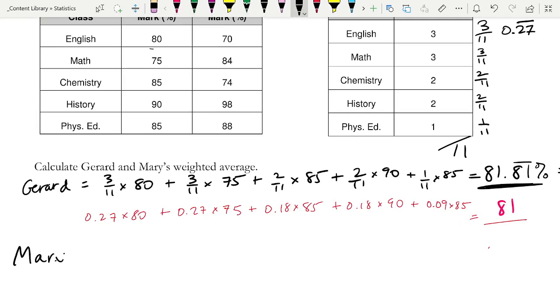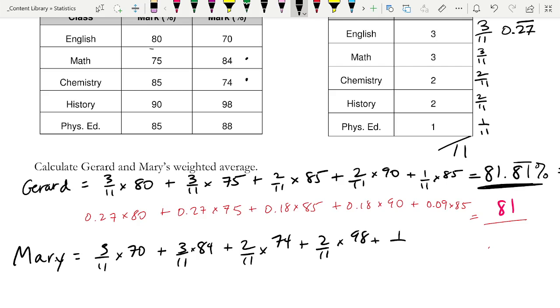Mary would be 3/11 of 70 plus 3/11 of 84 plus 2/11 of 74 plus 2/11 of 98 plus 1/11 of 88. And when you do that, she ends up being 81.3. So she rounds to 81.